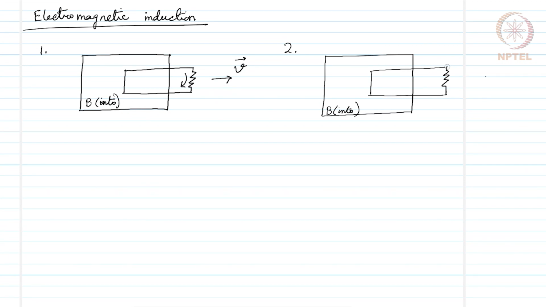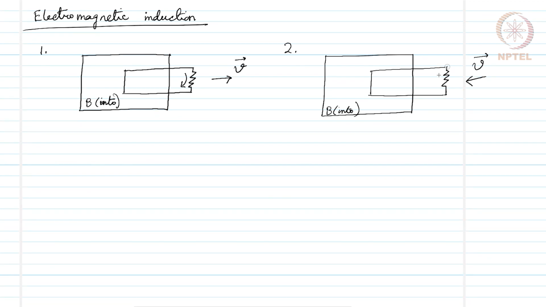Now he made this loop move in the opposite direction, towards the left, and when he did that, he found there was also a current flowing, but the current direction reversed.